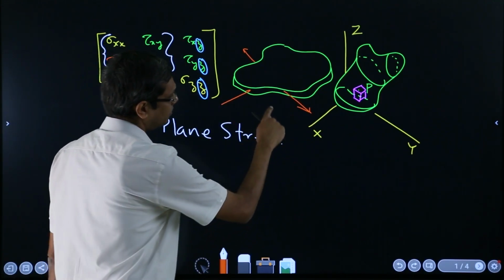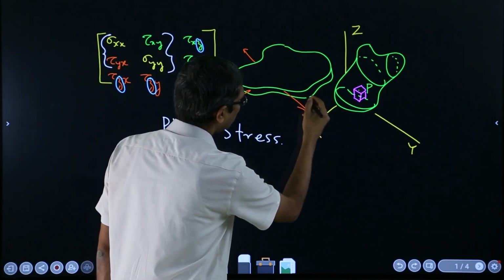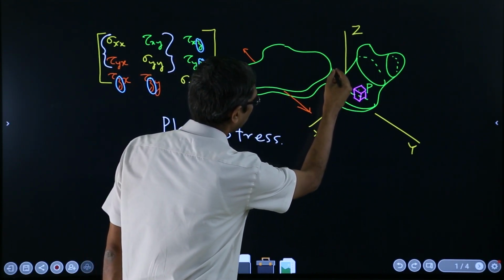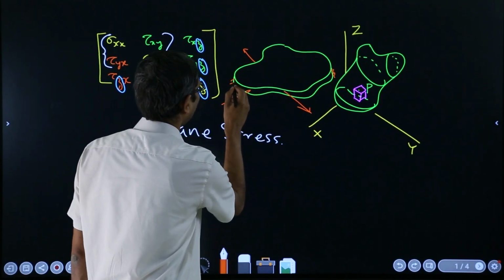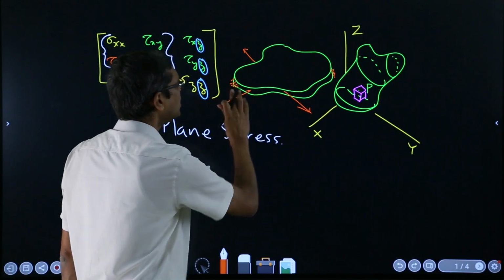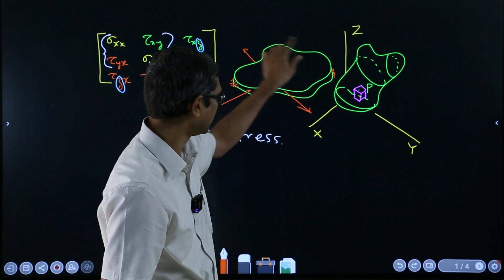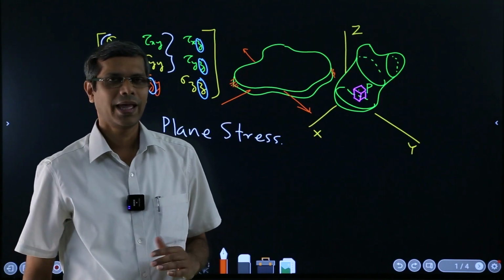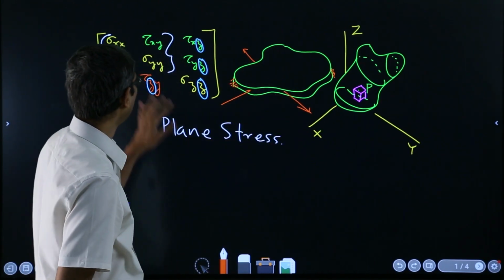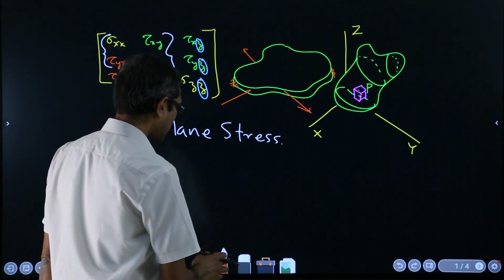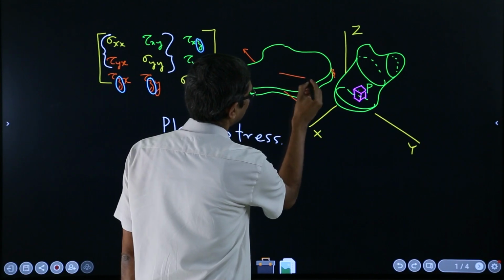And in fact, the boundary conditions which are existing also happen only here, suppose, if I make it fixed for some region. So anything that happens, happens in this small thickness of the body, and the stress that prevails inside this body will be of this type when we take the xy in some direction.